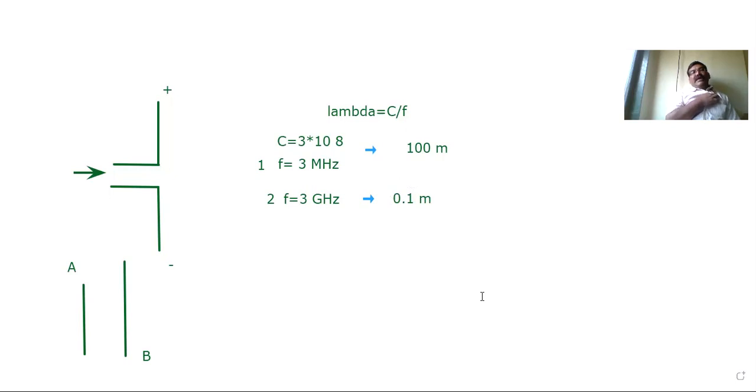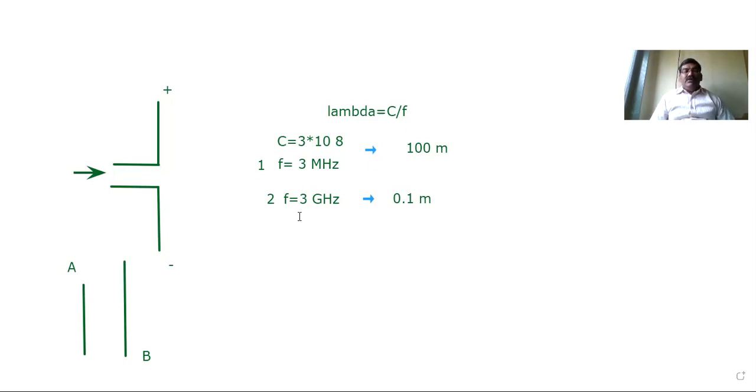Now, in these two examples, my thumb rule, as I told, is lambda by 4. Here lambda is 100 meter, so for the frequency of 3 megahertz, lambda by 4 is 100 by 4, that is 25 meter, the height of your antenna if the thumb rule is obeyed.